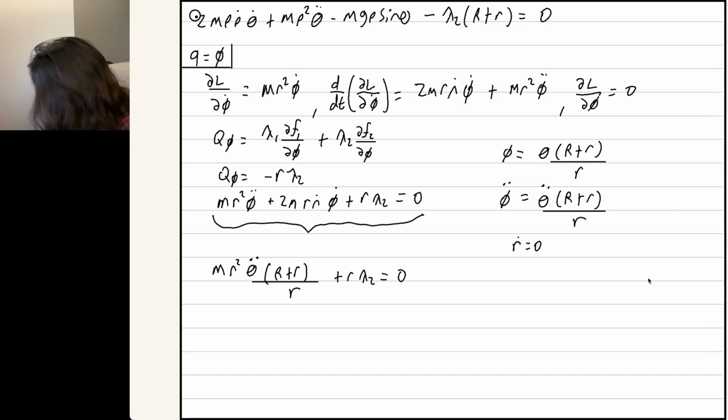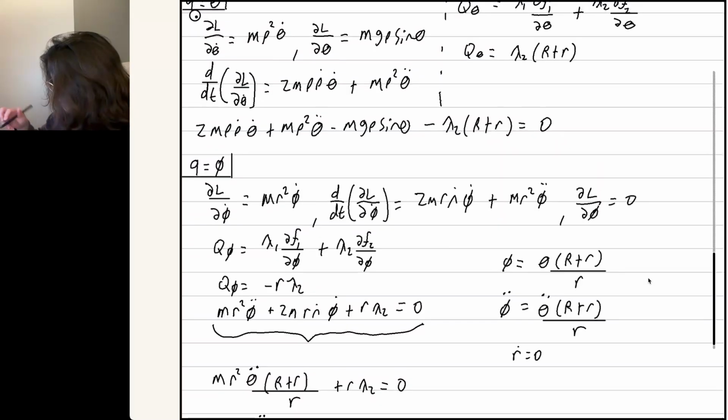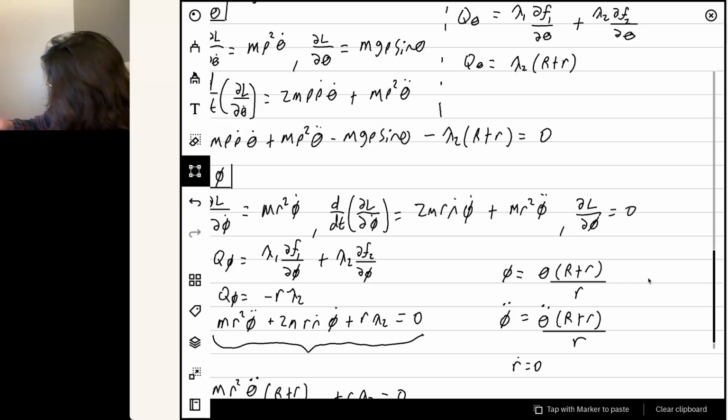So you'll get m theta double dot times (r plus r) is equal to minus lambda 2. I'm actually going to throw the minus sign onto the other side. And then we can plug that into our second equation of motion, which I've gotten so far away that I couldn't see it anymore. It's this stuff here.